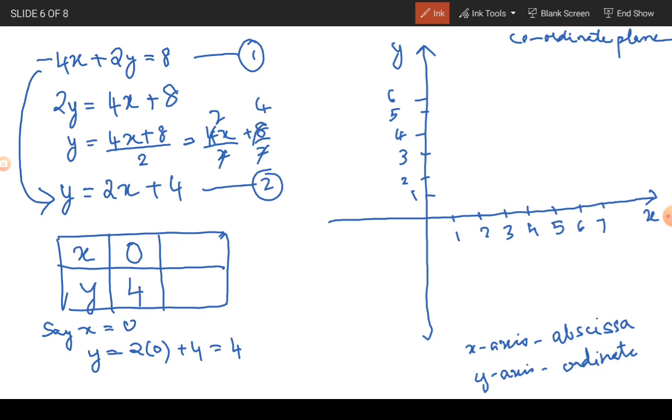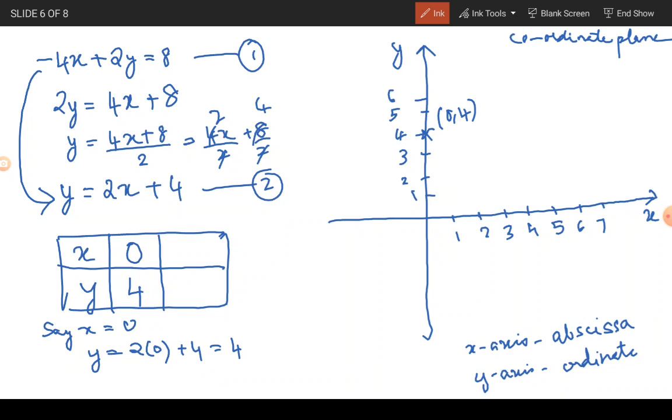So 0 along the x-axis and 4 units along the y-axis. That is, 0, 4 is the location of the first point of this function. How do I plot it? When x is 0, the value is 4. So this is the location of the first point.